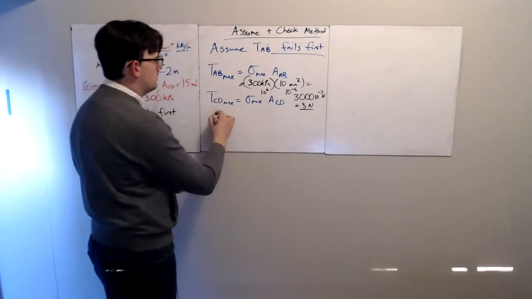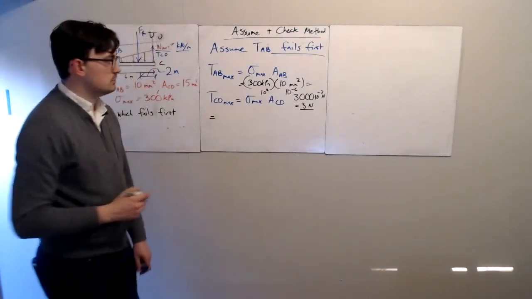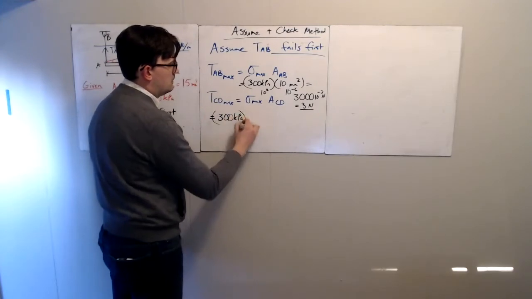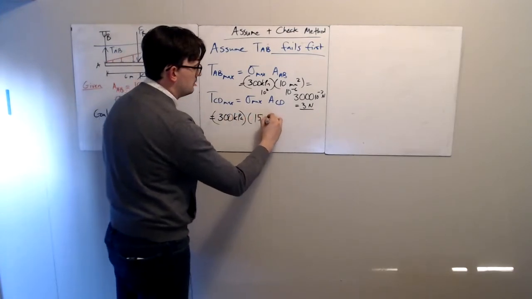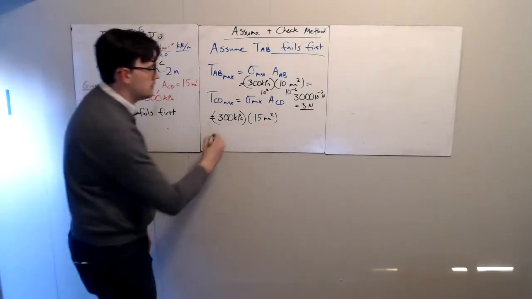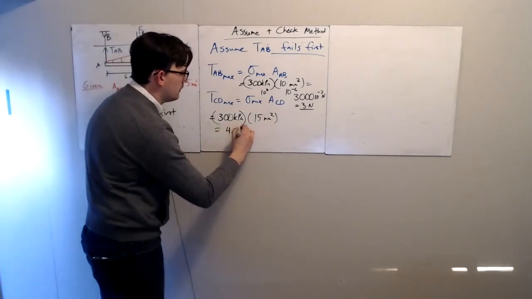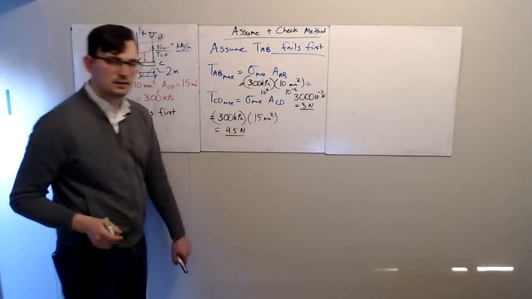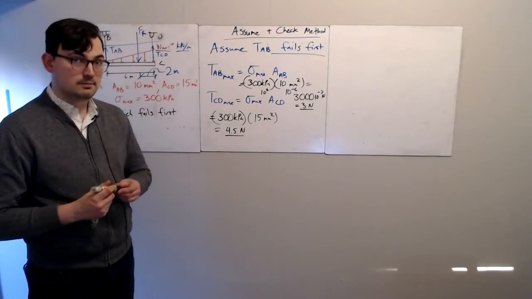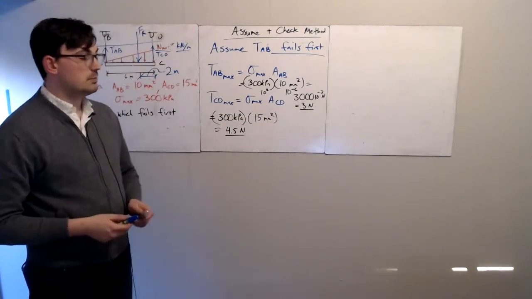Our second calculation here, and I did not give myself enough room, clearly, this is 300 kilopascals times 15 millimeters squared, and we did this calculation already. That gave us a value of 4.5 newtons, right? These are very, very thin, but fairly strong materials. All right, so now those are our two maximum values.